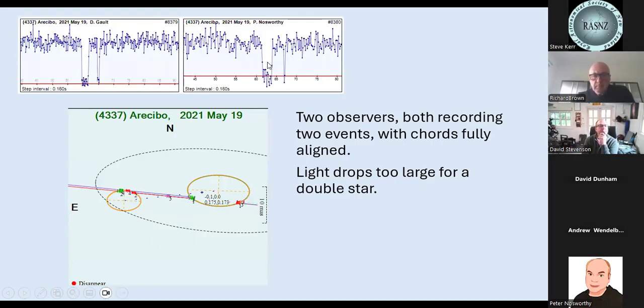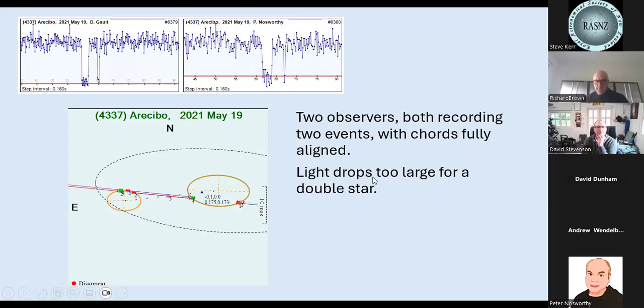Dave Gault and Peter Nelson are about 20 kilometres apart in Western Sydney. Mountains, really good check. They both got occultation events. Interestingly, the top chord is shorter than that one for that event, but longer than the other; the shorter and longer were different between the 2.